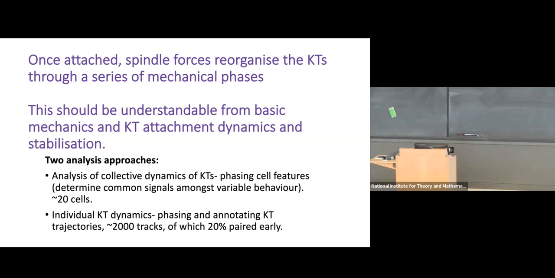Those features we can extract from the collective, phase them, and we've got about 20 cells at the moment, which we are proceeding to analyze. But you can also look at individual kinetochore dynamics, phasing and annotating of kinetochore trajectories. So annotating, like I did in metaphase, that's what I want to do. I want to pick out when dynamics is changing. And there we'll have about 2,000 tracks, of which about 20% will be paired.